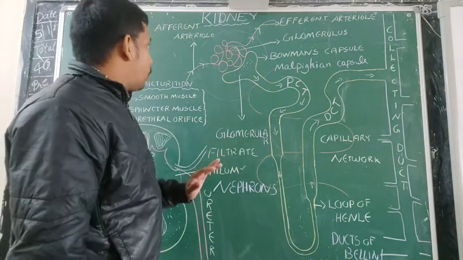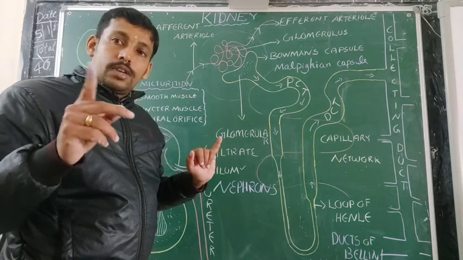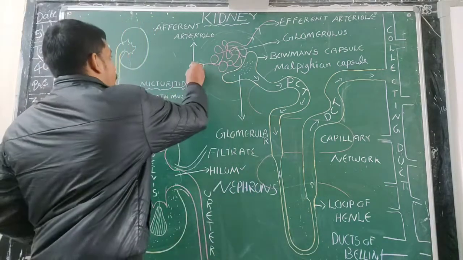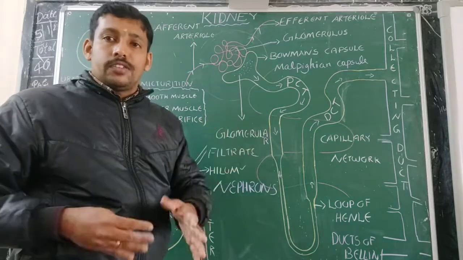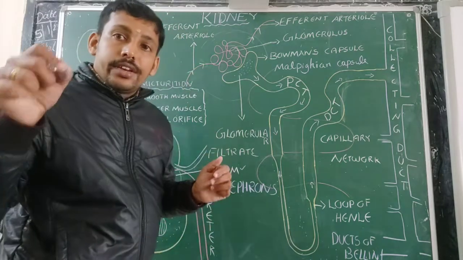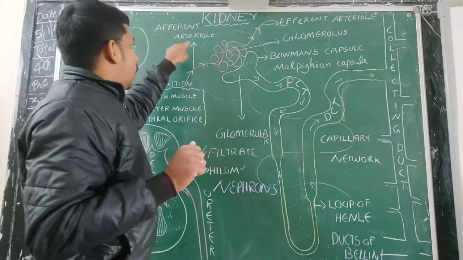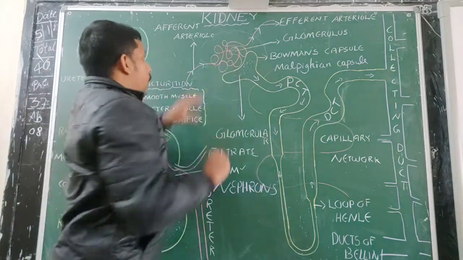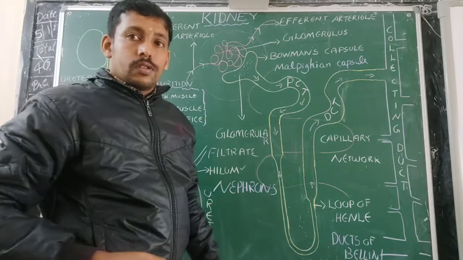And they are formed by the afferent arteriole. That means this afferent arteriole is coming from the renal artery. This renal artery is divided into numerous capillaries, minute blood vessels. These minute blood vessels entering into this Bowman's capsule are known as what? Afferent arteriole. Here we can see the network, and this region is known as the glomerulus.